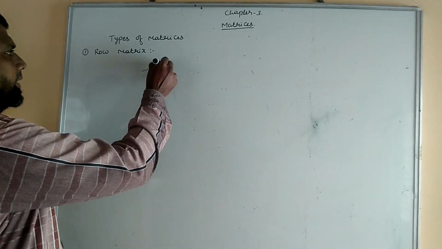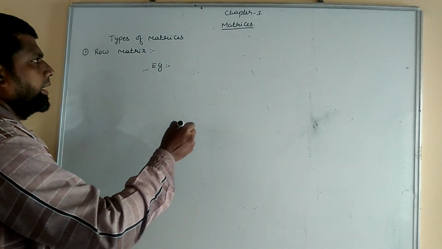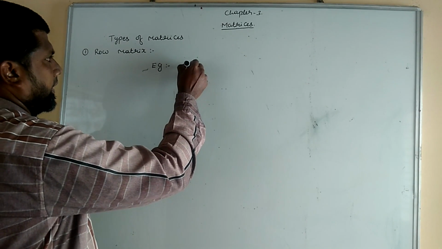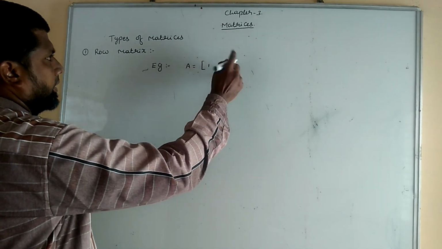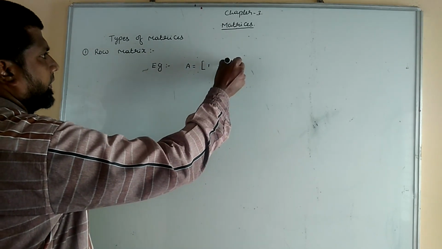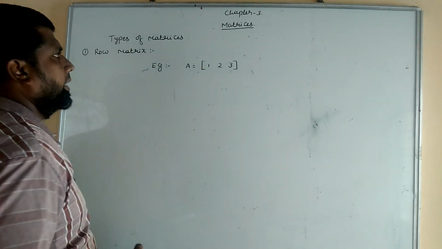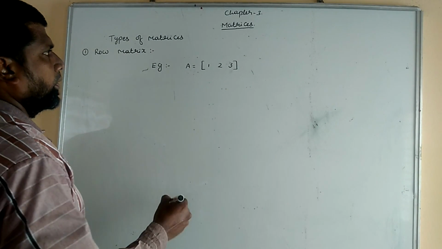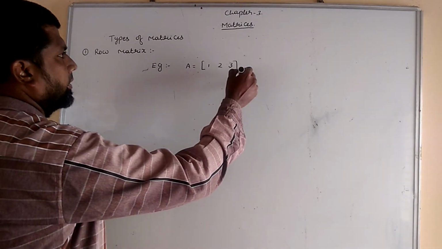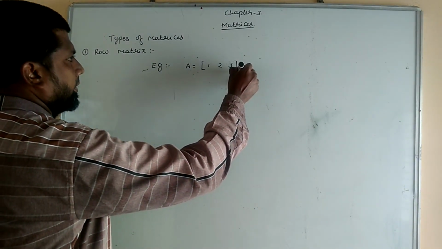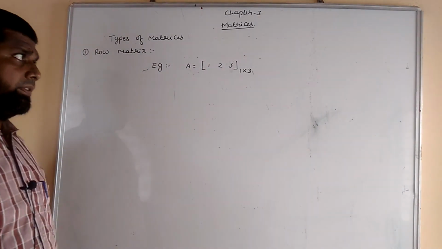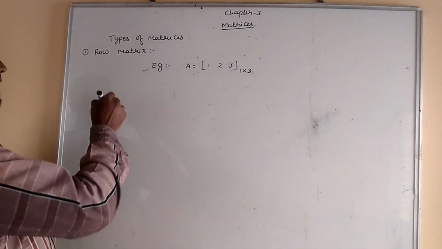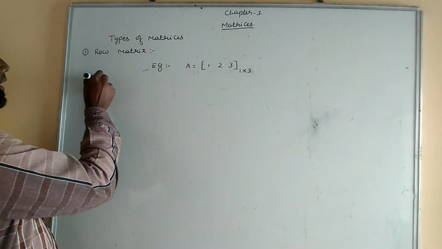By the example, we can define easily a row matrix. A is 1 2 3. So a matrix has one row and 3 columns. The order of the matrix A is 1 into 3, and it has only one row. By saying this, we can define the row matrix.